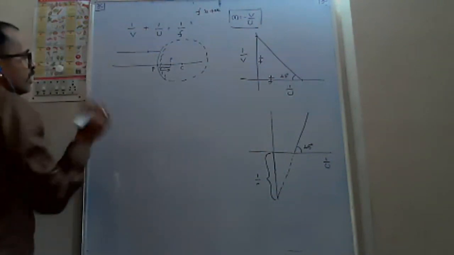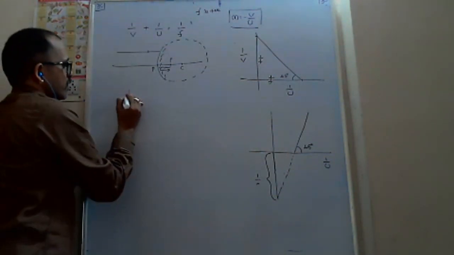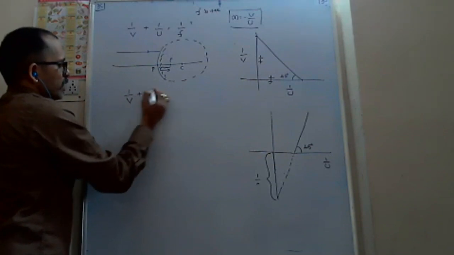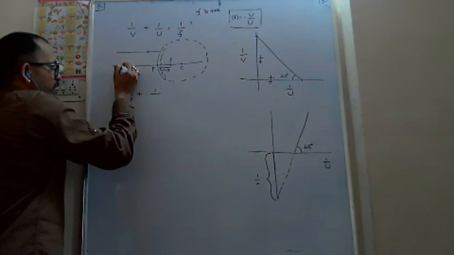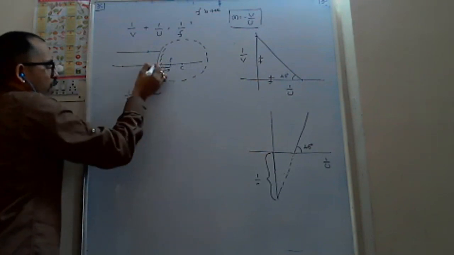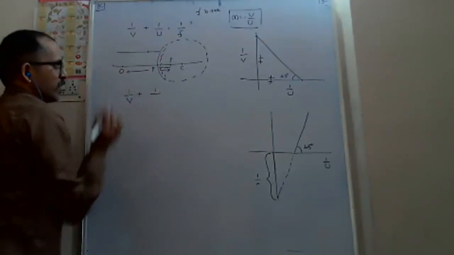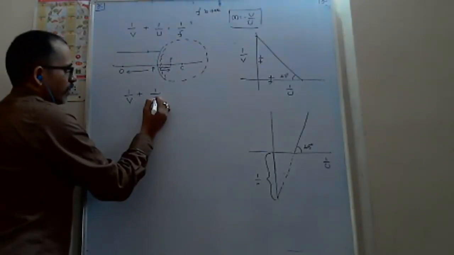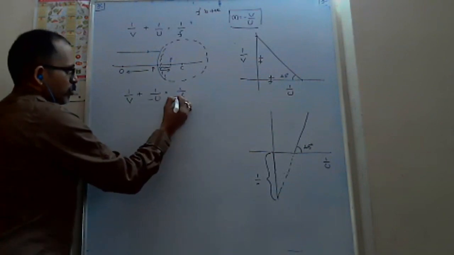And from this, if you apply the sign conventions to 1 by v plus 1 by u, you have to take the object in front of the mirror and measure the object distance in the opposite direction to the incident rays. So u is always negative, and 1 by f is positive.